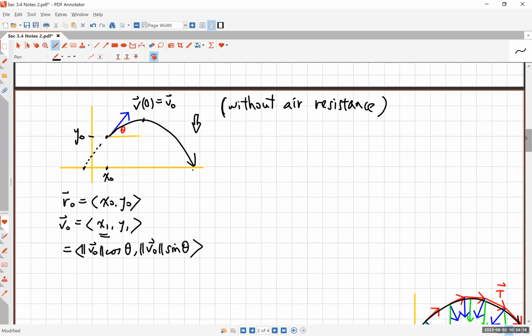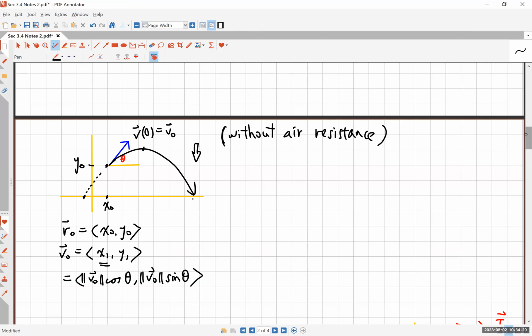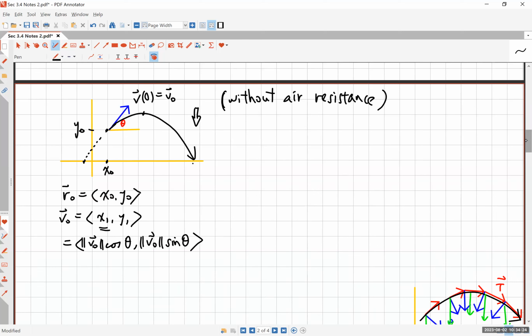Even on the baseball field, everybody knows that the wind changes things significantly, and air resistance itself changes things significantly even without wind. So how silly is it to consider problems without air resistance? My answer is, if you can't do this problem without air resistance, there's no way you can consider air resistance. So learn this basic thing well, and then you can find real problems with winds and air resistance.